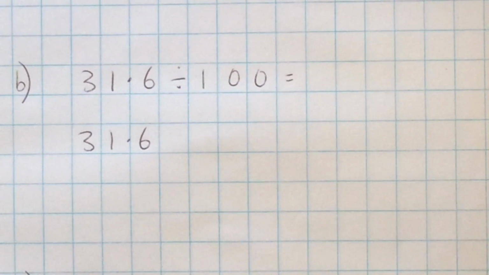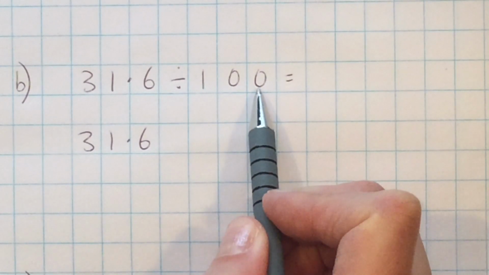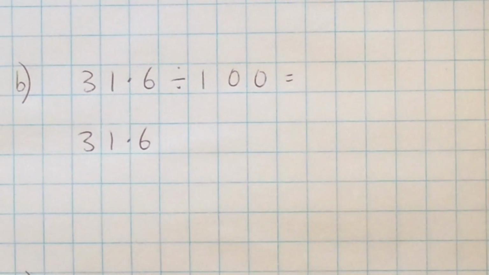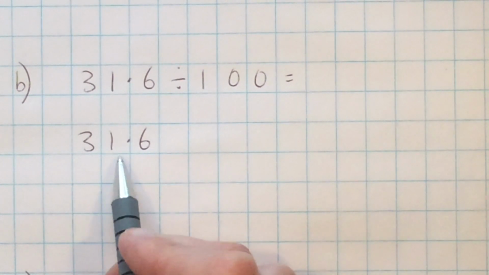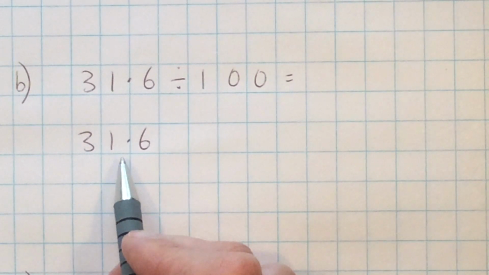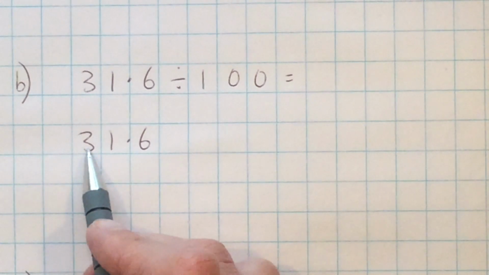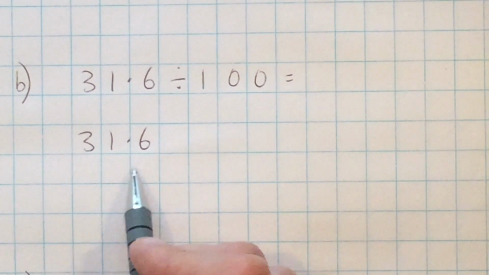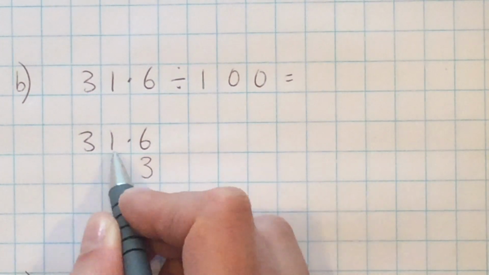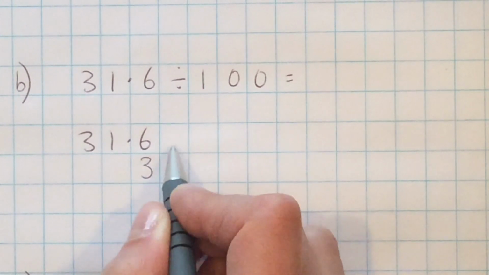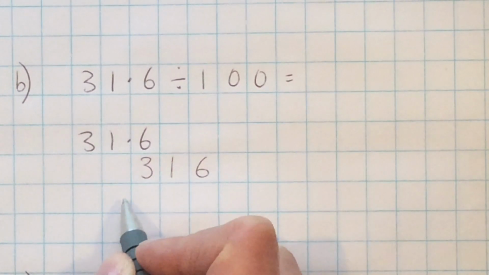Okay, let's have a go at another one. So here I've got 31.6 divided by 100 this time, 2 zeros here, so I'm going to move my digits 2 places to the right. I've written my decimal number here out so I can think about visualising the place value columns in my head. I'm moving all of the digits 1, 2 places this time, dividing by 100.